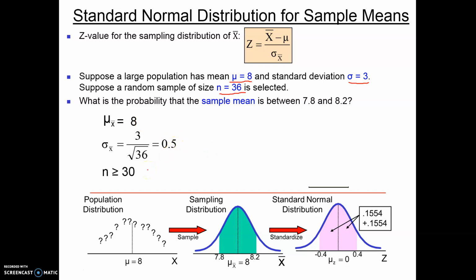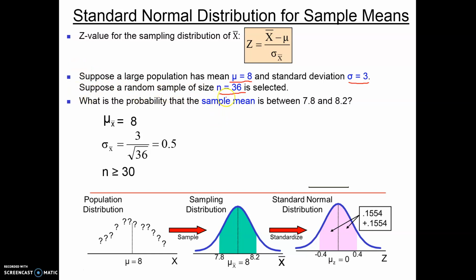Because we have a sample that is over 30, it's in fact 36, we can assume that our sample means are distributed normally. Now remember, there were two conditions under which we could do this. We could assume our sample means are distributed normally if we know the population is distributed normally. We don't know that because there's nothing in this narrative to tell us that the population is normal.